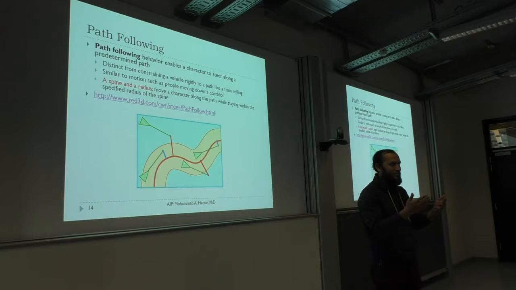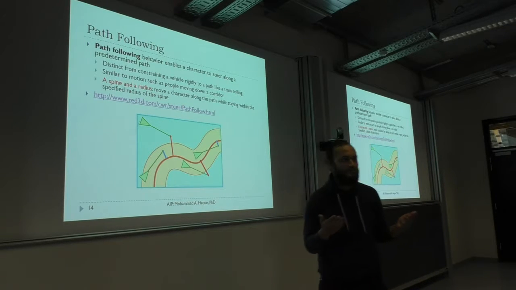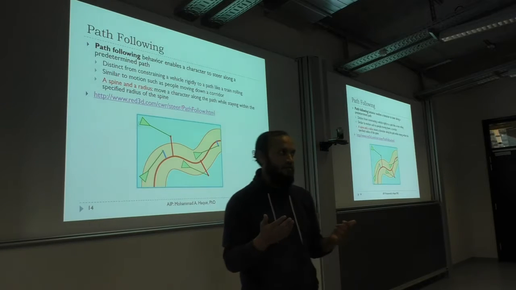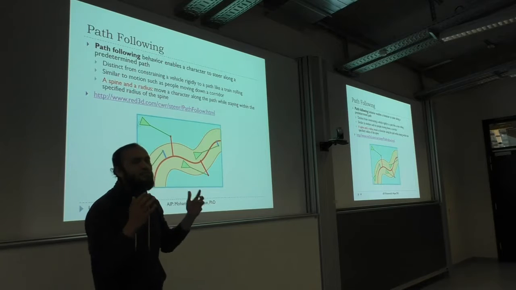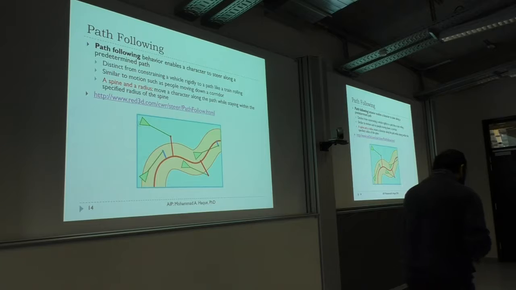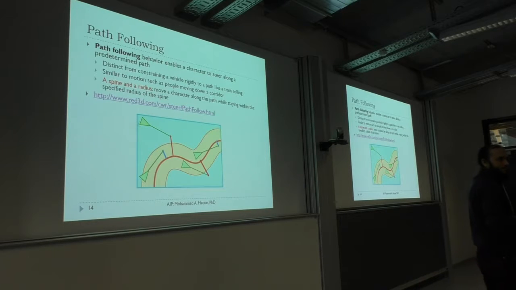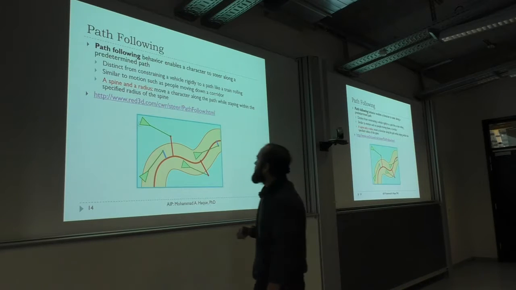If it looks like that, it will maybe not be realistic in your case. So when you put path following, it should look like you are walking in a corridor instead of just following a line like this. You understand that? Good.